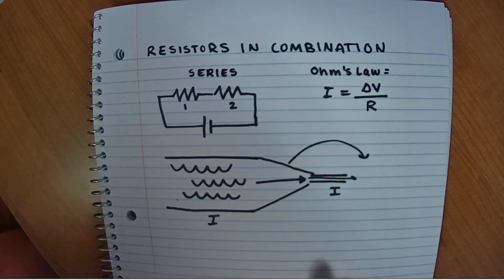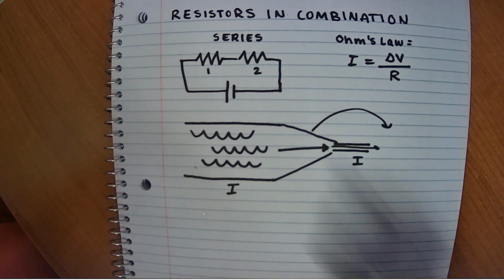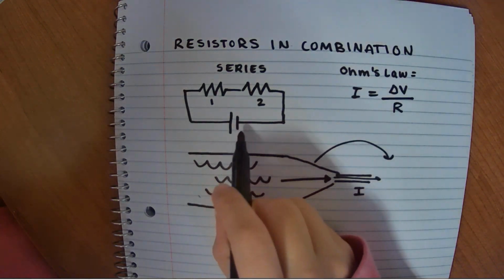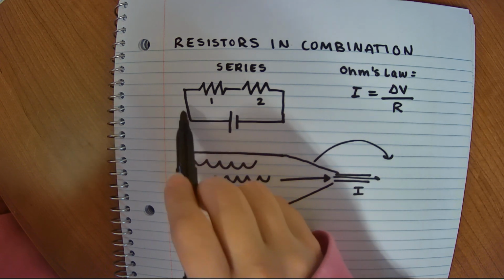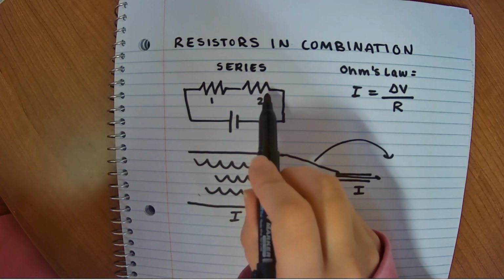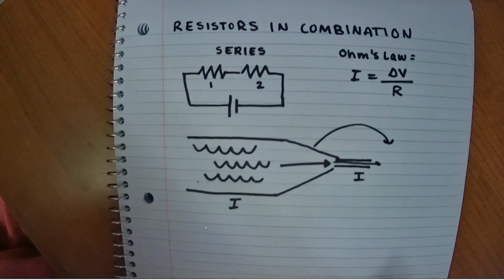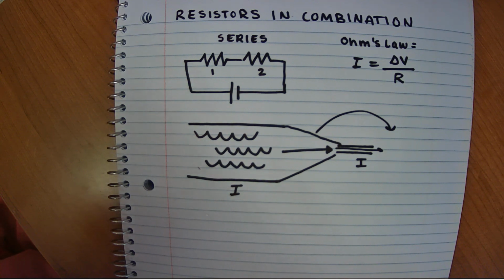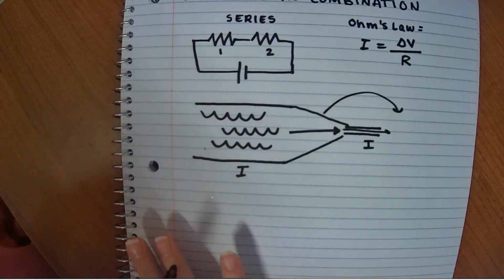And we can think of the same thing with resistors in series. We know that current is the flow of positive charges, and all of the current that is going to flow through resistor 1 also has to flow through resistor 2. So we can use this to think about how different values of resistance will be in a series.